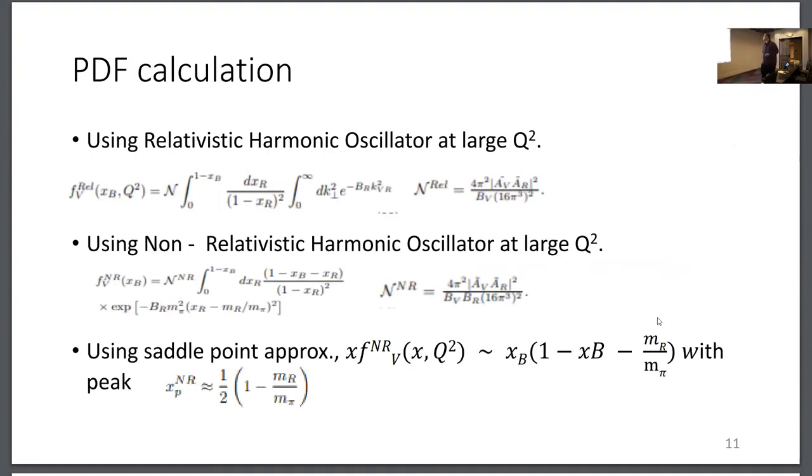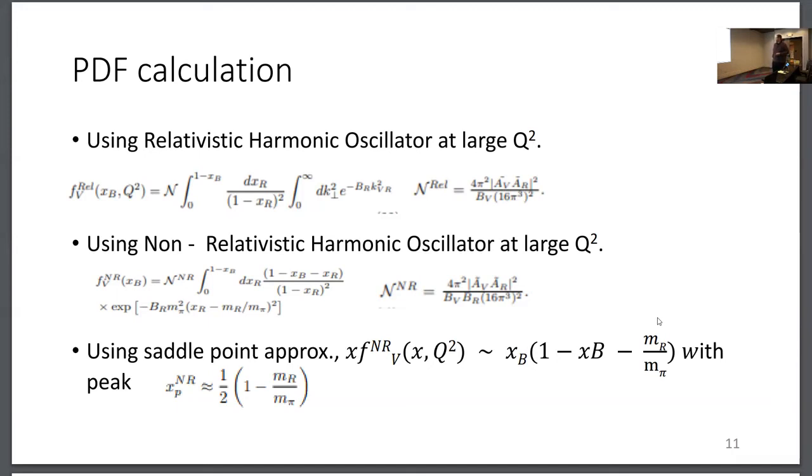So for the PDF calculation for the relativistic one, we get this one. And then for the non-relativistic one, we get this one. And so we tried for the non-relativistic one, we use saddle point approximation.